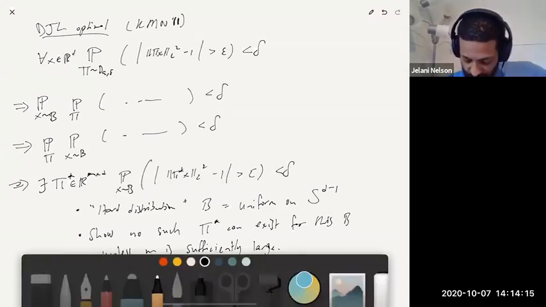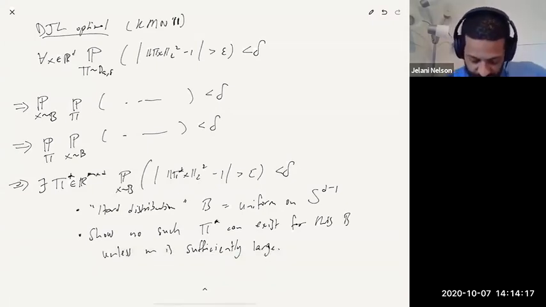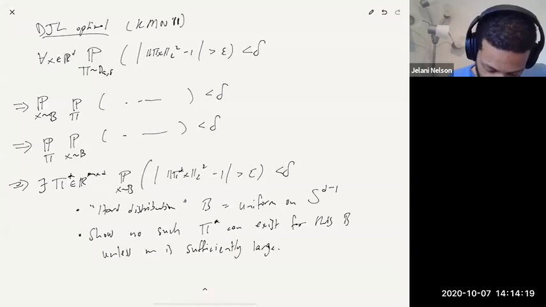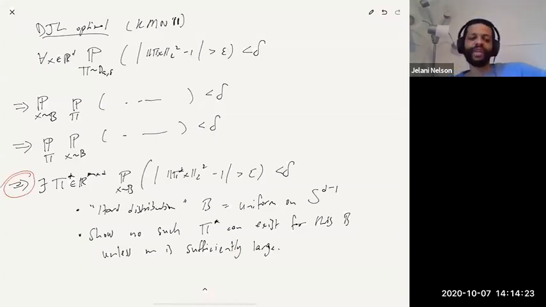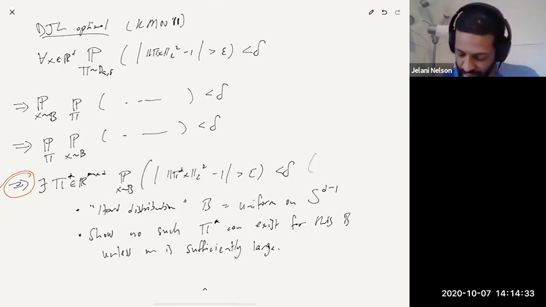And this technique, this implication, going from saying that there has to exist this pi star, is called the easy direction of something called Yao's minimax principle.